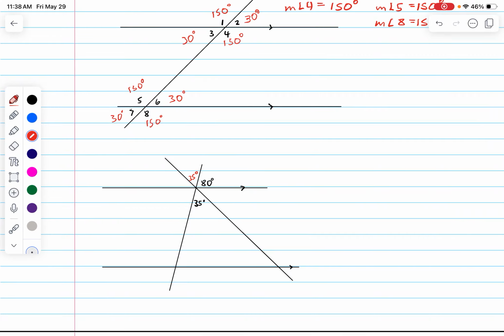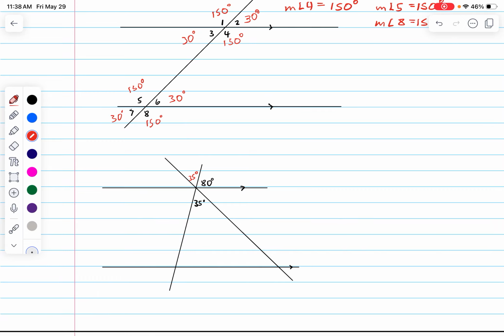Now, let's see what else we can get right off the bat from looking at this. If you look at this right here, all of these angles, this one, and this one, have to add up to 180.